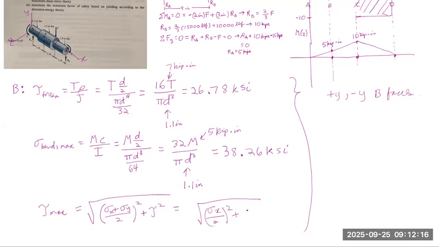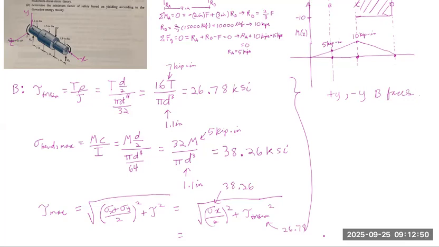And the tau comes from the torsion because that is the only tau in this case, squared. And the sigma x is going to be equal to the sigma bending maximum, which is 38.26 KSI. And the tau torsion is 26.78 KSI.